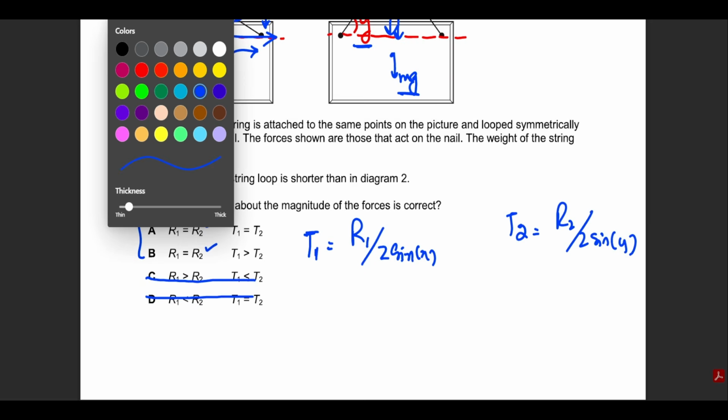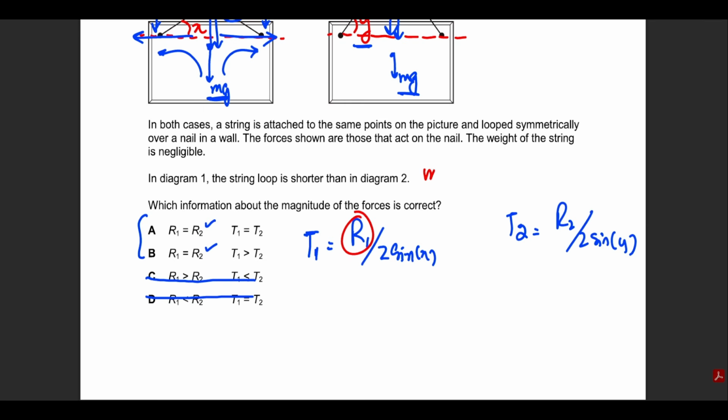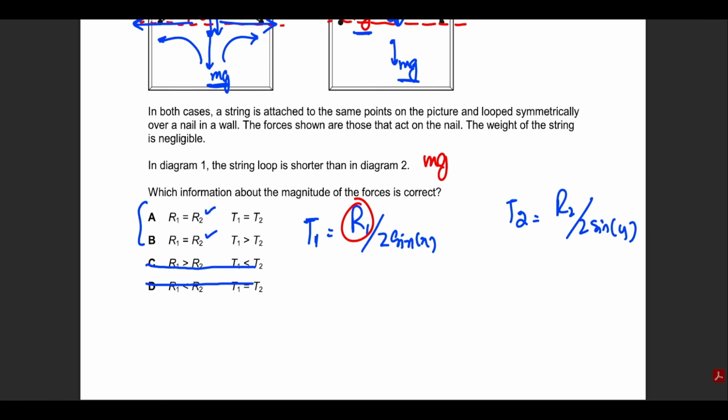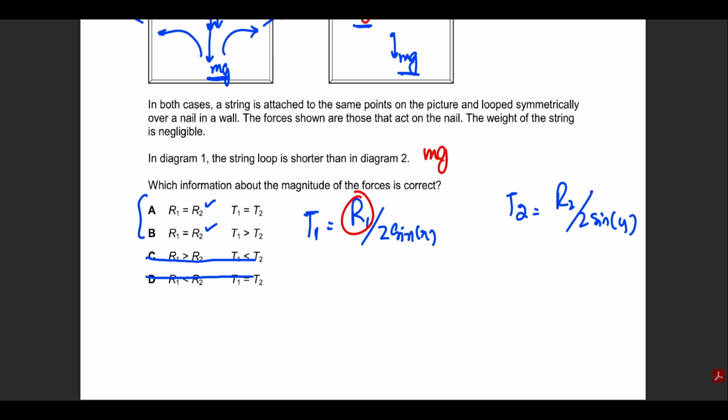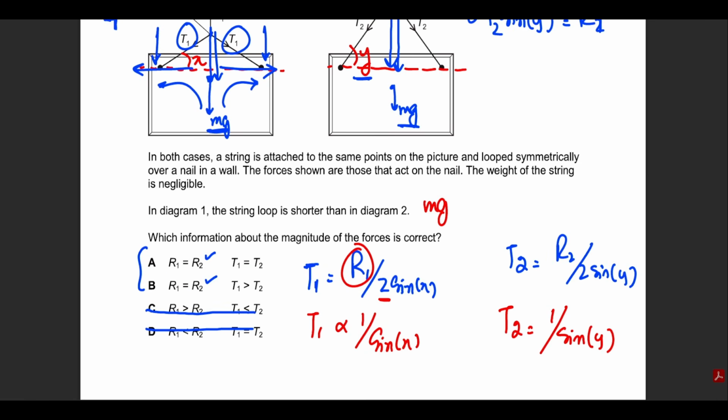We understand that these R's are exactly mg, so they don't get involved in the comparison. And 2 is also a constant, so I'm going to eliminate this. So T1 is proportional to 1 over sine of x, and T2 is proportional to 1 over sine of y.